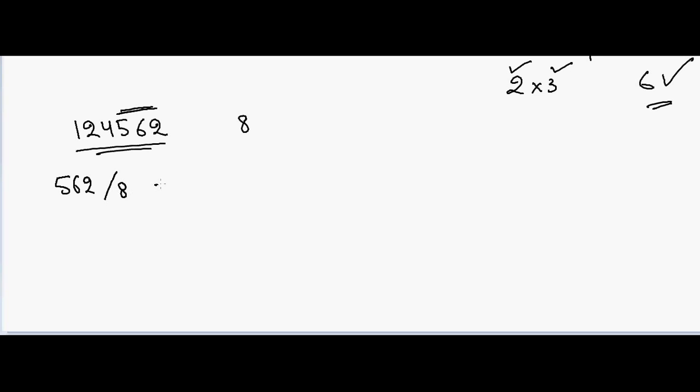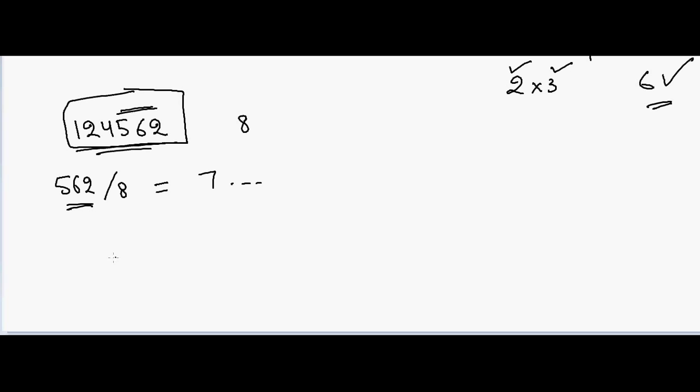So if we divide it by 8, then from this I can see that we get 7 and then something which is not divisible by 8. So this number is not divisible by 8. So this whole number should not be divisible by 8.